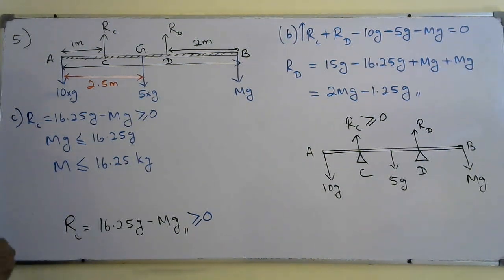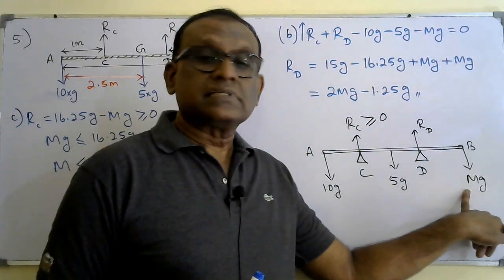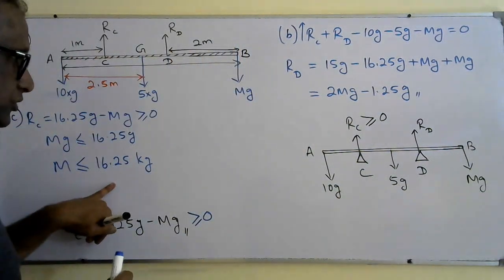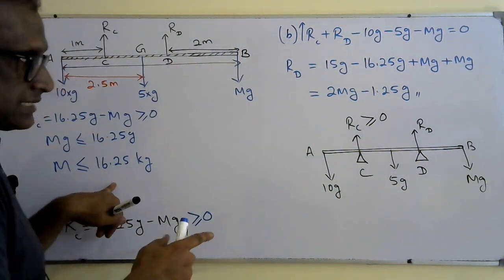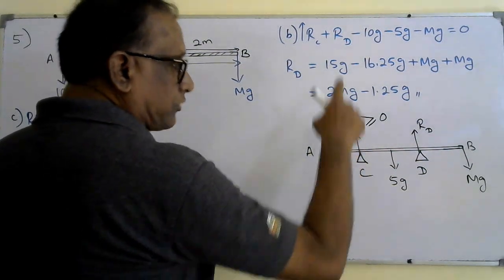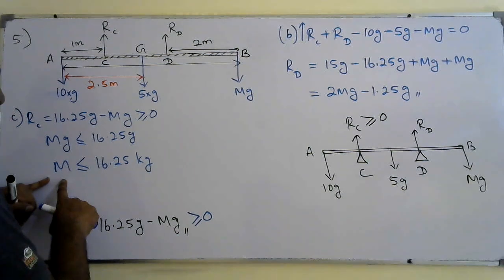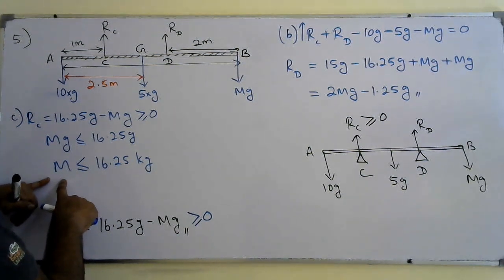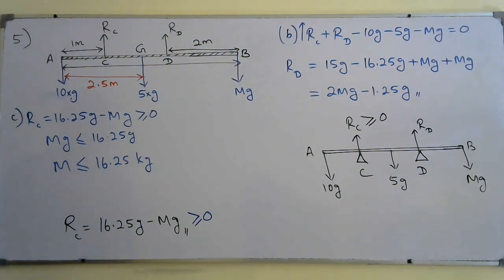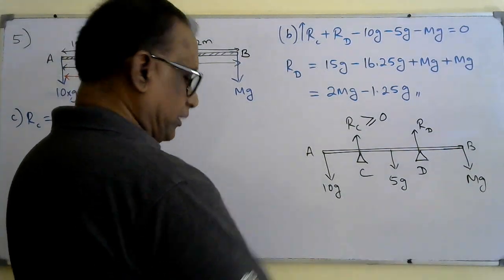That means you can't increase the M more than 16.25. If you increase it, the rod will lose the contact. So if you want to keep it in contact, you can't increase beyond that. So that is the maximum value of M such that the rod is in equilibrium.